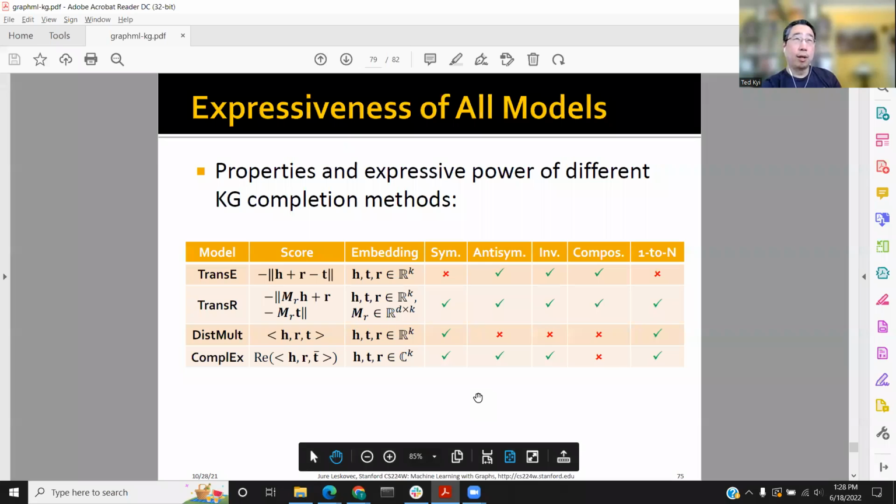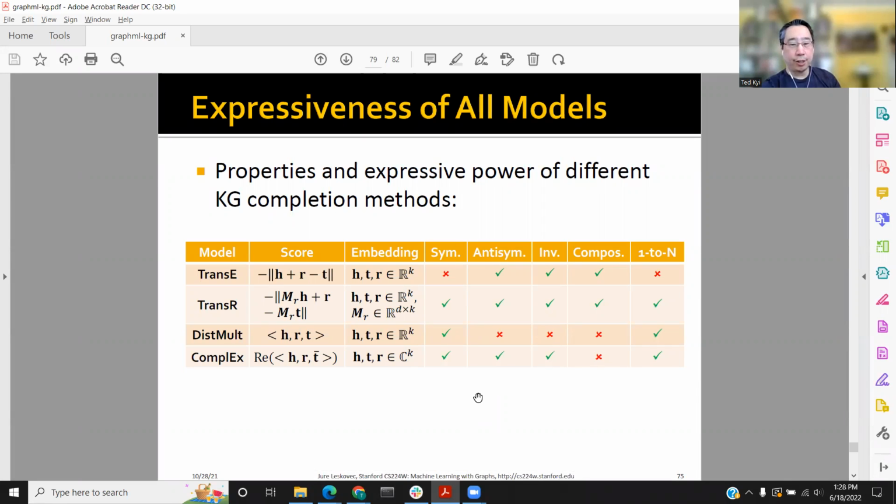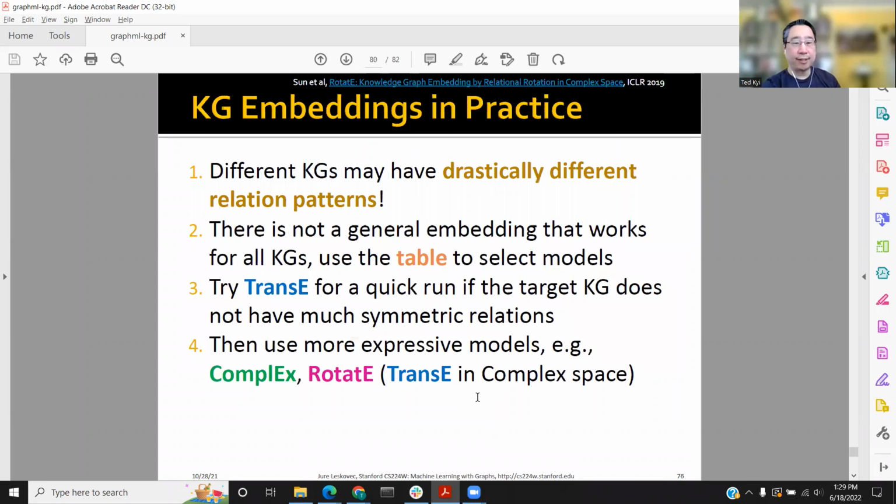And so what Professor Leskovec says in the lecture is that no one of these embeddings is clearly always better for all knowledge graphs, depending on the types of relationships that you have. So a simple rule of advice is start with TransE. It's simple, it's intuitive. If things don't work, there's clear intuition on why they don't work. And so this is fast, and so you should start with that.